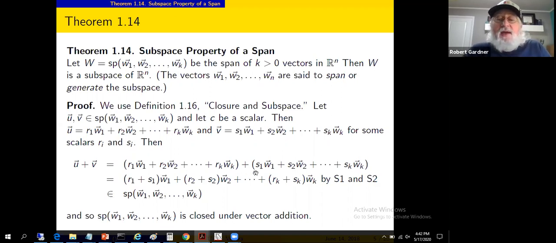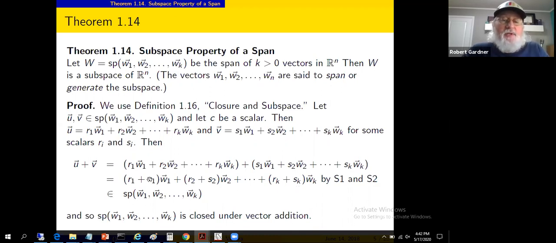Factor W1 out of these two, that'll leave us with an R1 plus S1. Factor W2 out of this term and this term, R2 plus S2 times W sub 2, and so forth. Up through the last term, factor W sub k out, and we get a linear combination of W1, W2 through W sub k. Here are the coefficients, R1 plus S1, R2 plus S2, R sub k plus S sub k, respectively.